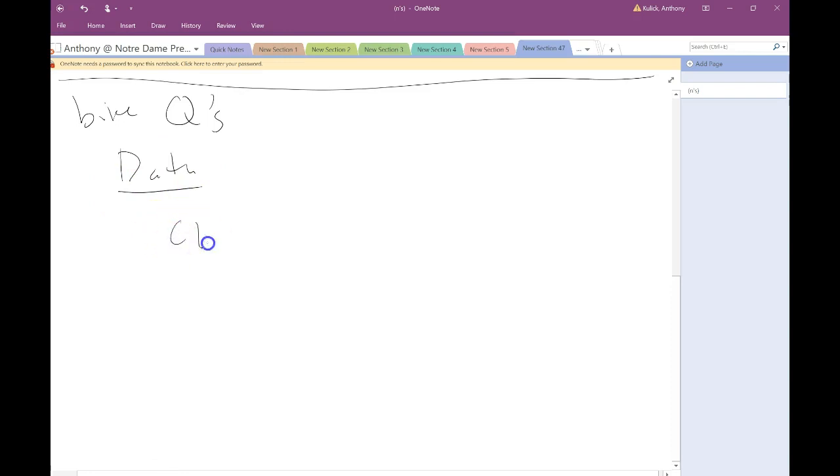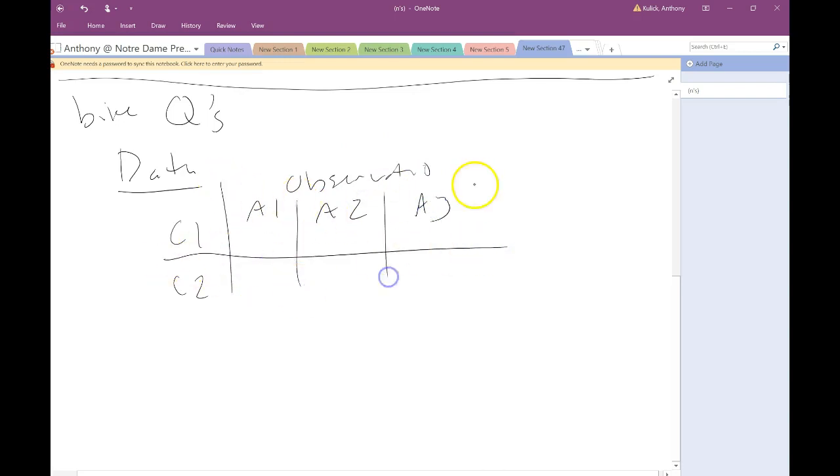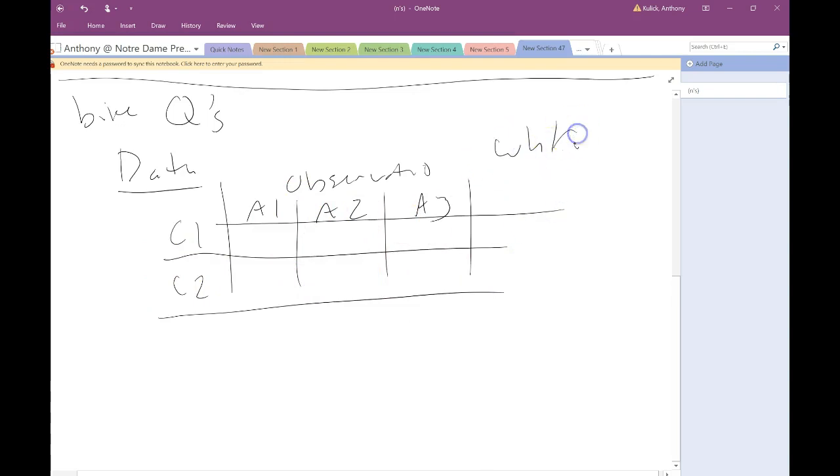So maybe I'd have a table that has some observations. Maybe we have a bike with 2 cranks and 3 axles or something, and maybe these are the wheel revs for 1 pedal rev.